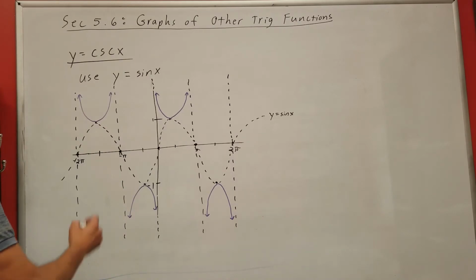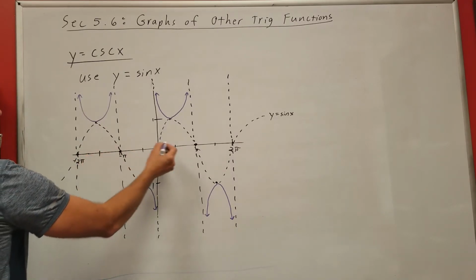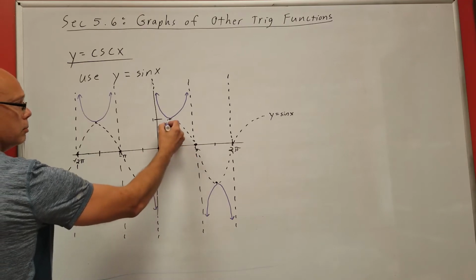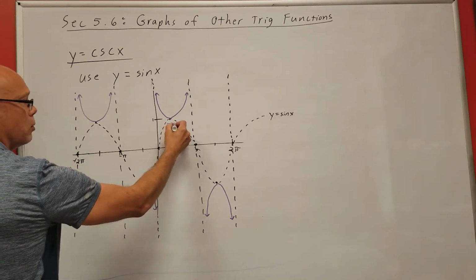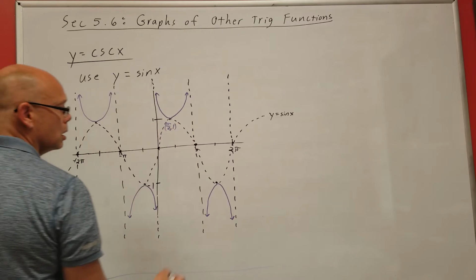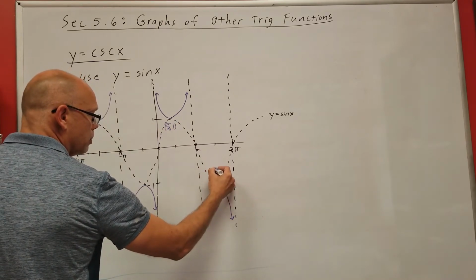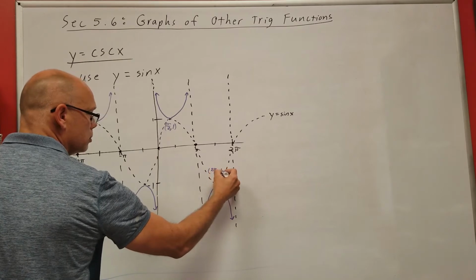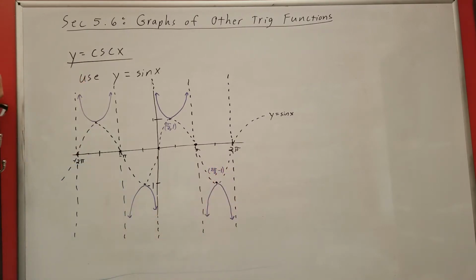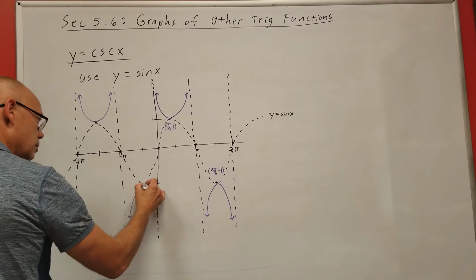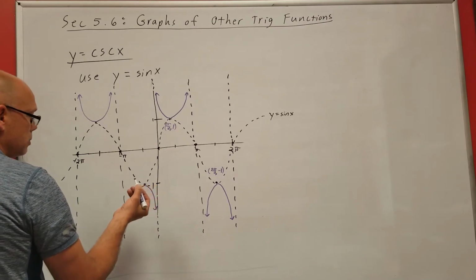And let's label these points. All right, so this point is what? Pi over 2 comma 1. This point right here is 3 pi over 2 comma negative 1. This x-intercept, why am I saying x-intercepts?